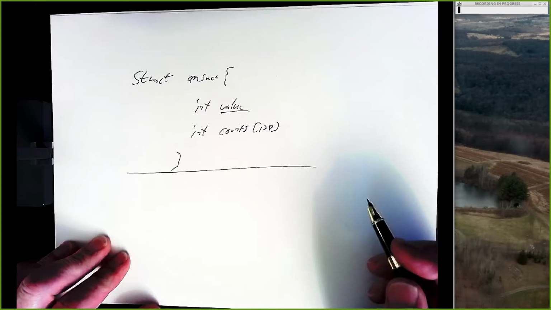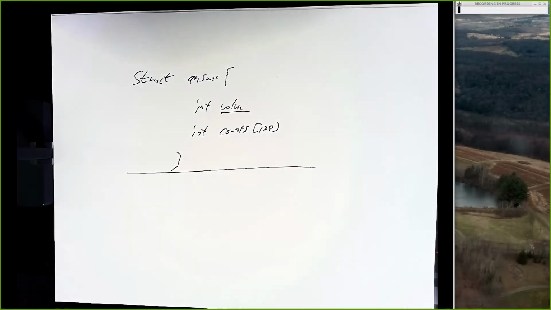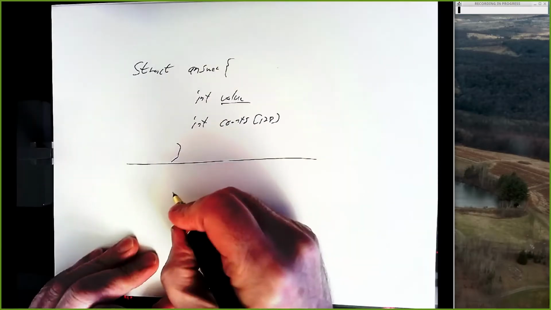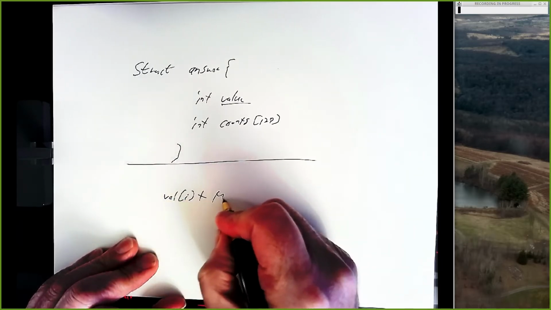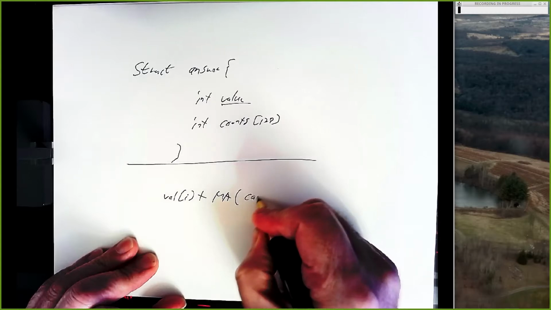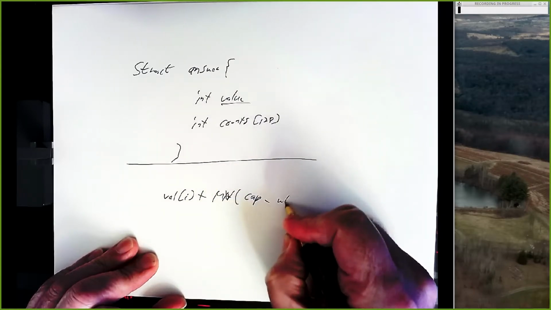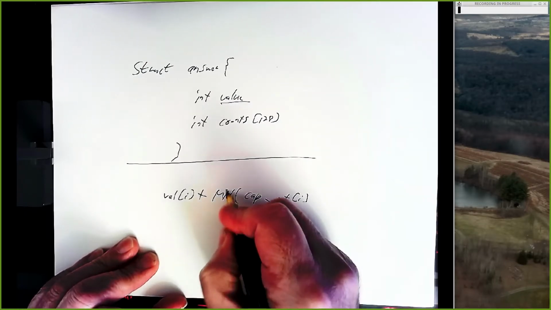So if you do that, then inside your loop, where you're iterating over the items, each time you call max val, right? So you say, let's put in item I. So let's take the value of item I plus max val of capacity minus weight of item I, right?